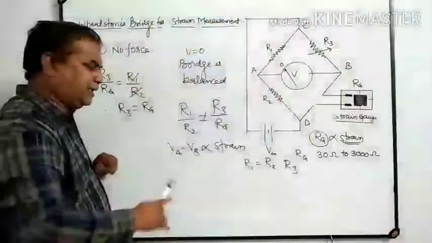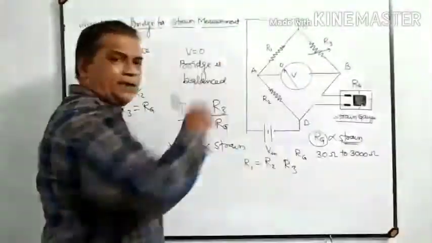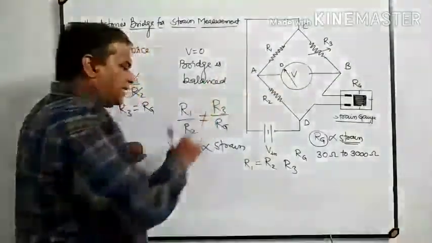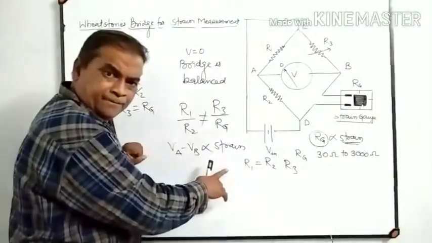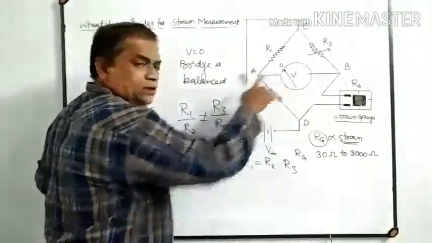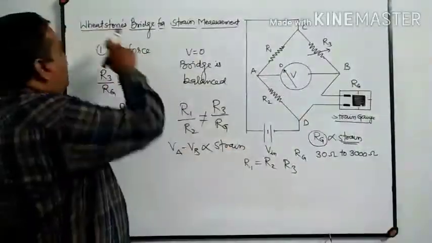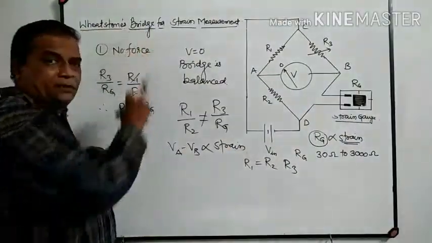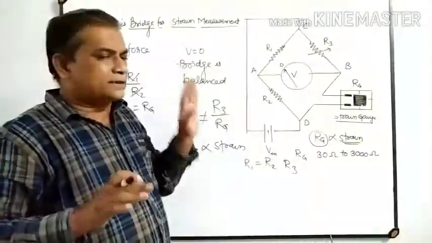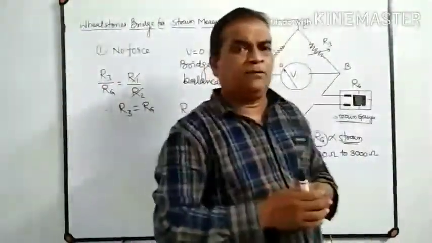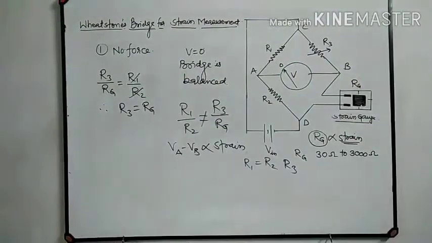Greater the strain applied, greater will be the deflection shown by the voltmeter. Smaller the strain applied, smaller is the deflection shown by the voltmeter. So in this way, we can make use of Wheatstone's bridge for the measurement of strain. There might be a question for 2 marks on this bit.